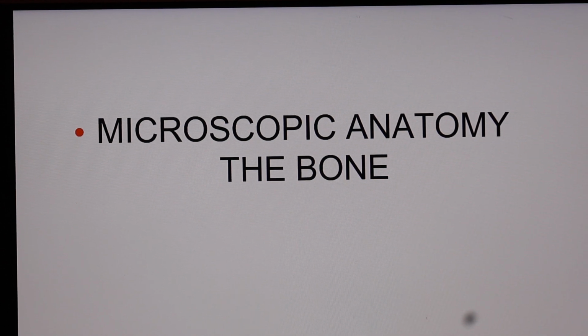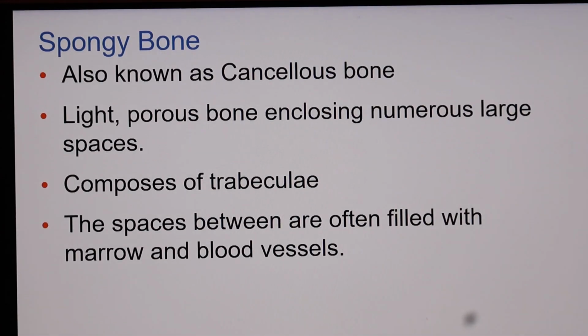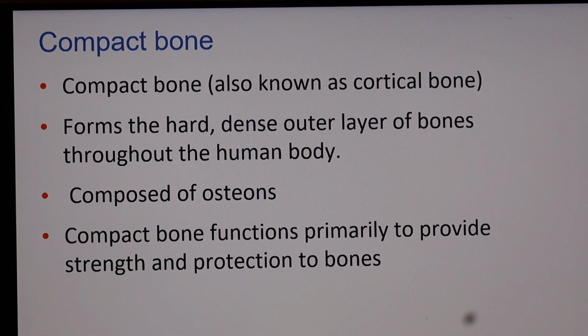Today we're learning about the microscopic anatomy of the bone. There are two components of the bone, the compact bone and the spongy bone. What is the difference between these two? The compact bone is the outer part of the bone, the hard part of the bone that is more dense, and it contains what we call osteons.